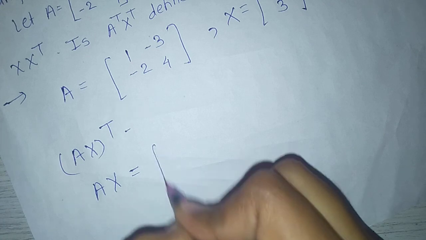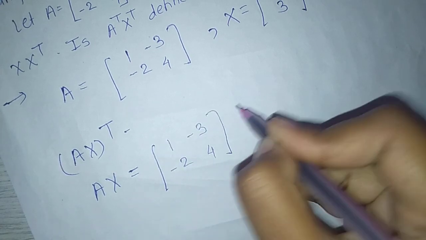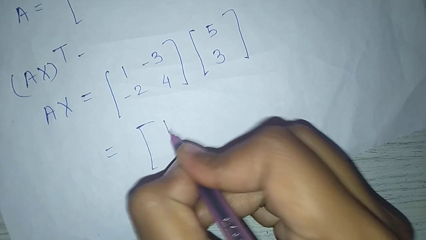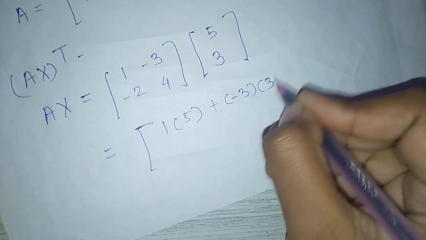A into x equal to 1, minus 3, minus 2, 4 into x which is 5, 3, which is equal to 1 into 5 plus minus 3 into 3.